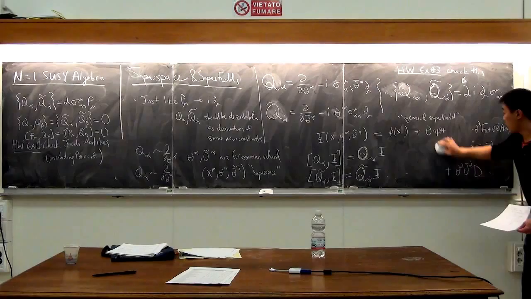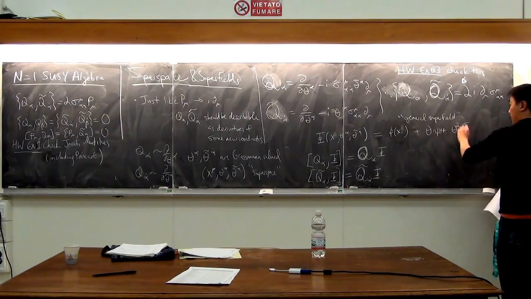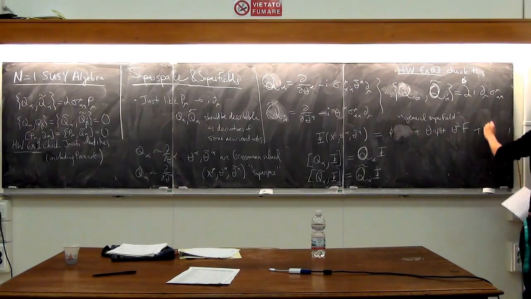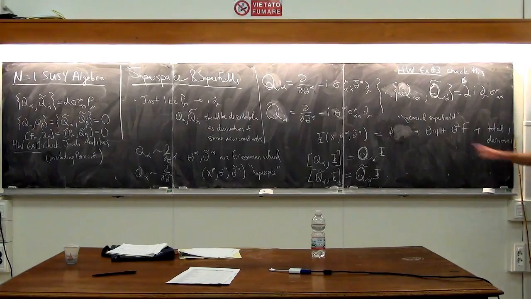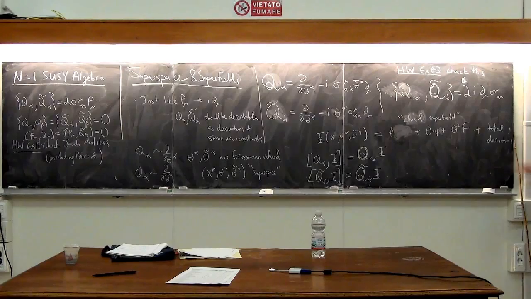It turns out a chiral superfield is a subset of this, theta squared F, plus total derivatives, plus derivatives of these two objects. This is the chiral superfield. How we get this chiral superfield from the general superfield by imposing a constraint, we will see in superspace next time. Okay, so let me just finish now.